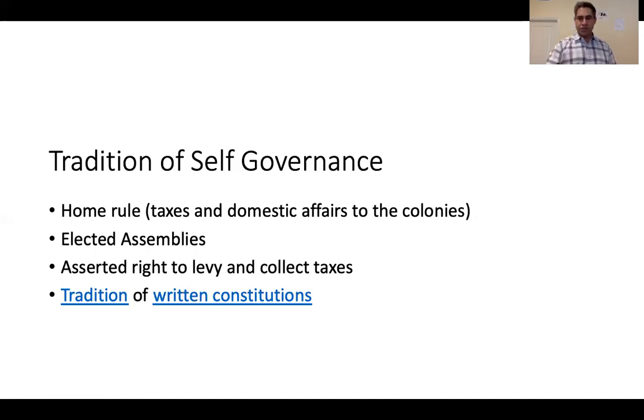This led to a tradition, if you follow the links, of early written constitutions, colonial constitutions and charters that were somewhat elaborate versions of early constitutional governance. I'm not going to link to them right now, but you might enjoy reading them because they're pretty spectacular.